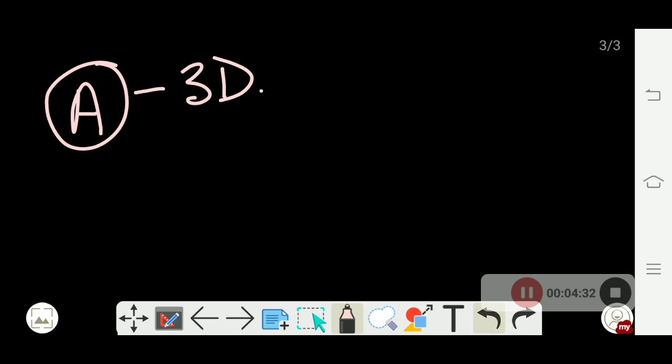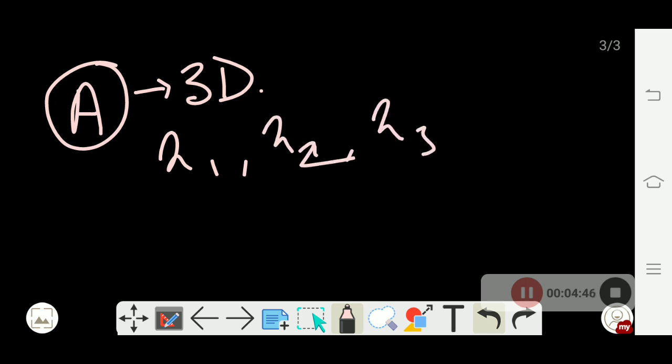So what is the modal matrix? Suppose we have a matrix A given. Let me consider a 3D matrix. So we can find three eigenvalues, might be distinct or indistinct, it doesn't matter, but we'll find three distinct eigenvectors.